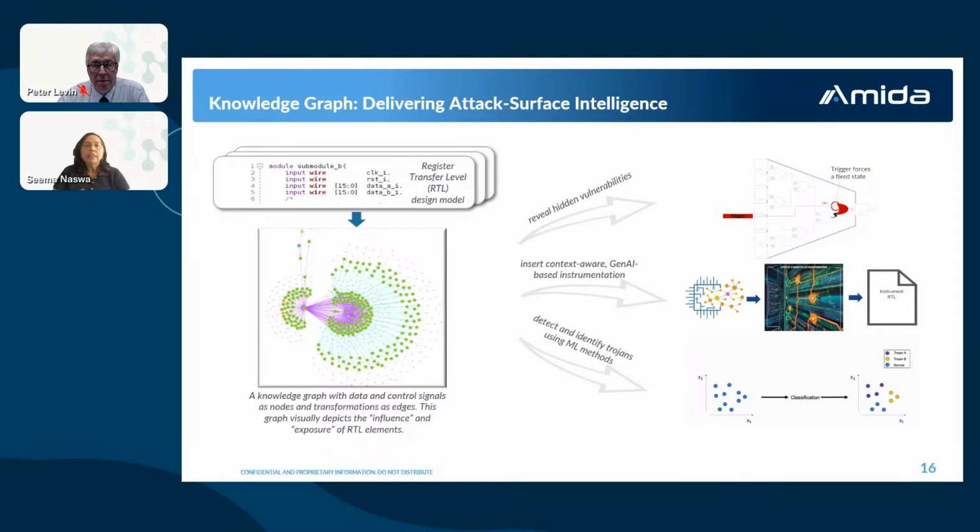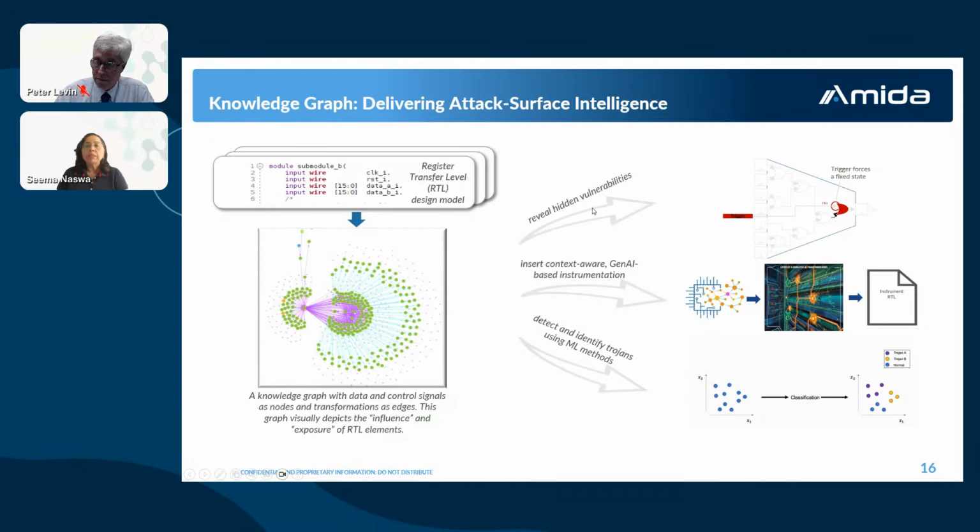Now, this slide ties together everything that I've shown so far. It shows you the power of the knowledge graph in practice. We start with the RTL design. We transform the design into a knowledge graph, a structured network of signals, registers, and hierarchies connected by their data and control transformations. It enables multiple complementary applications.